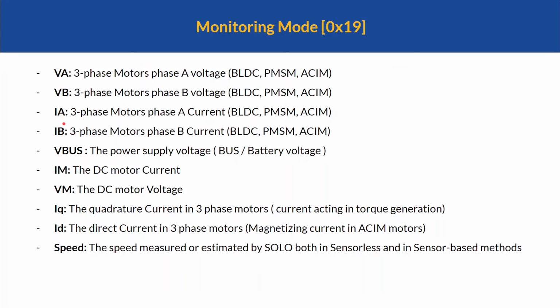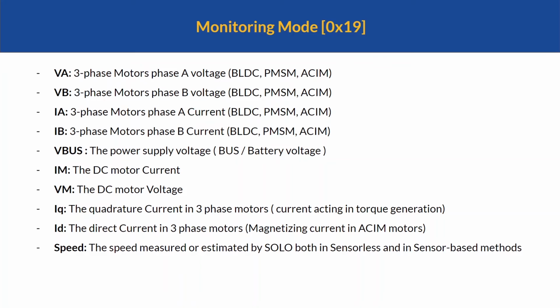Then the current of phase A, the current of phase B, and the current of phase C, which is again the sum of these two parameters. You're going to receive the power supply voltage, the DC motor current, the DC motor voltage, and the quadrature current, which is actually the current that acts in torque generation in three-phase motors like brushless motors, permanent magnet synchronous motors, and AC induction motors.